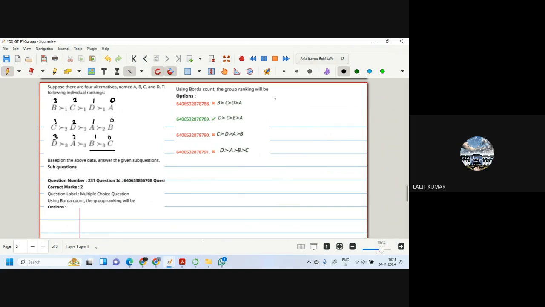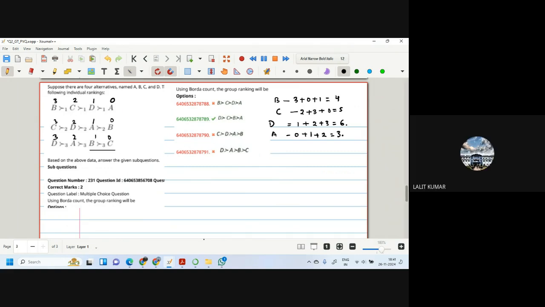So for B, we will get 3 plus 0 plus 1, 4. C, we will get 2 plus 3 plus 0 is equal to 5. D is equal to 1 plus 2 plus 3 is equal to 6. And A, we get 0 plus 1 plus 2 is equal to 3.